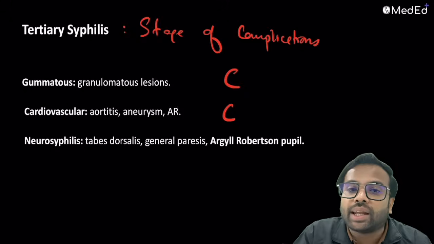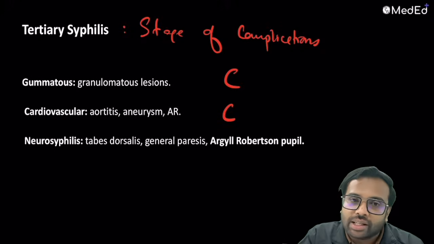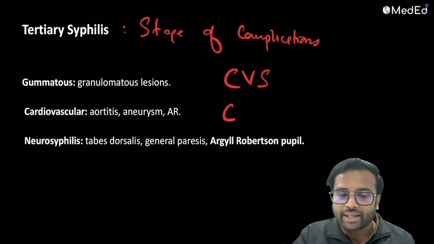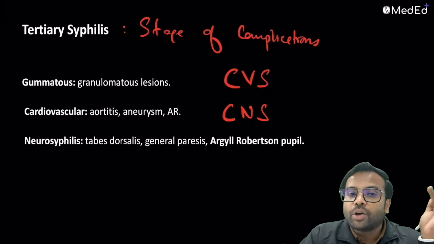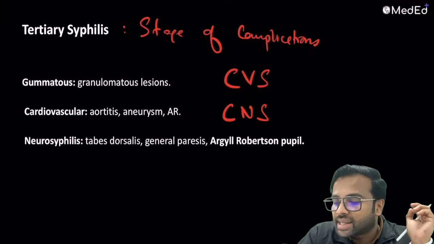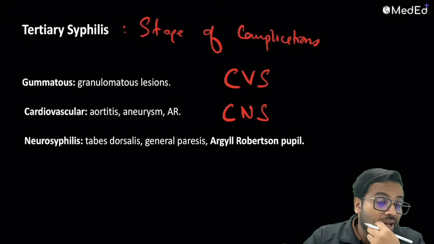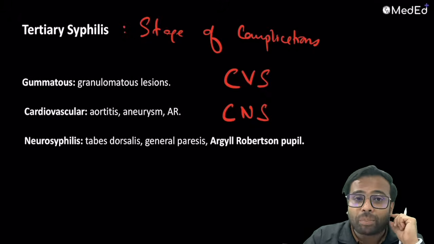It starts with the letter C. Which are the organ systems where you can find some complications in syphilis? The organ systems are CVS, right, or CNS. जैसे cardiovascular system हो गया and central nervous system हो गया. So these are the two organ systems where a patient can present to you with complications.